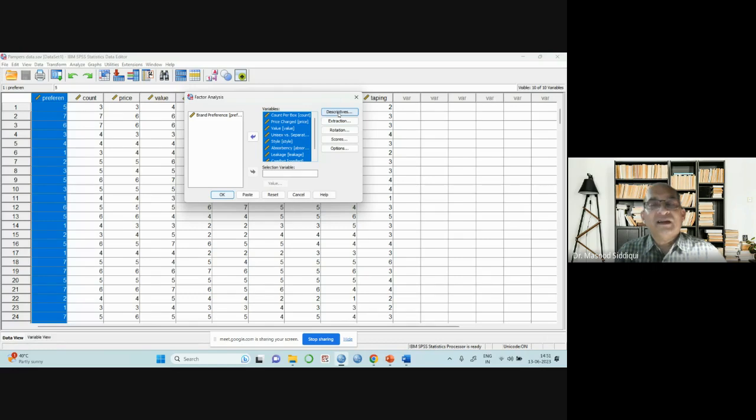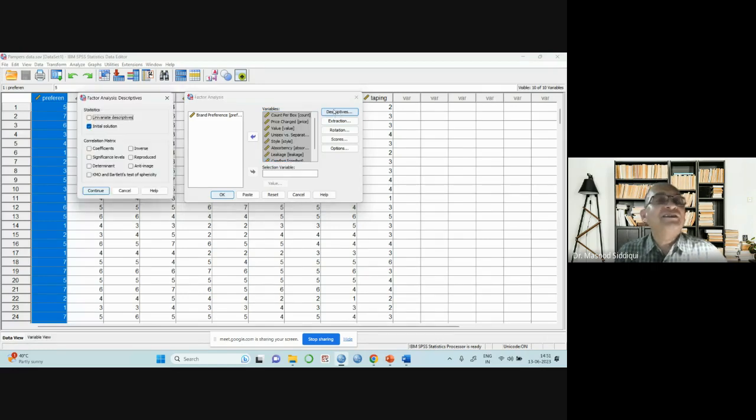And we are also instructing some command buttons, like Descriptives. Some options are checked beforehand, but we are also including some others like univariate descriptives. Since correlation is the basis, we are clicking the coefficients, and we are also clicking the KMO and Bartlett's test. Okay, and simultaneously we are using reproduced correlation.